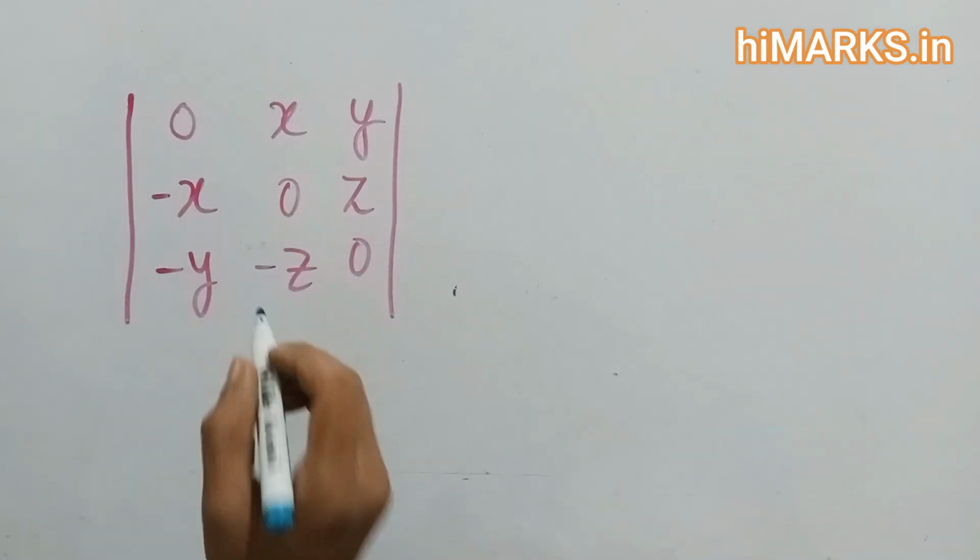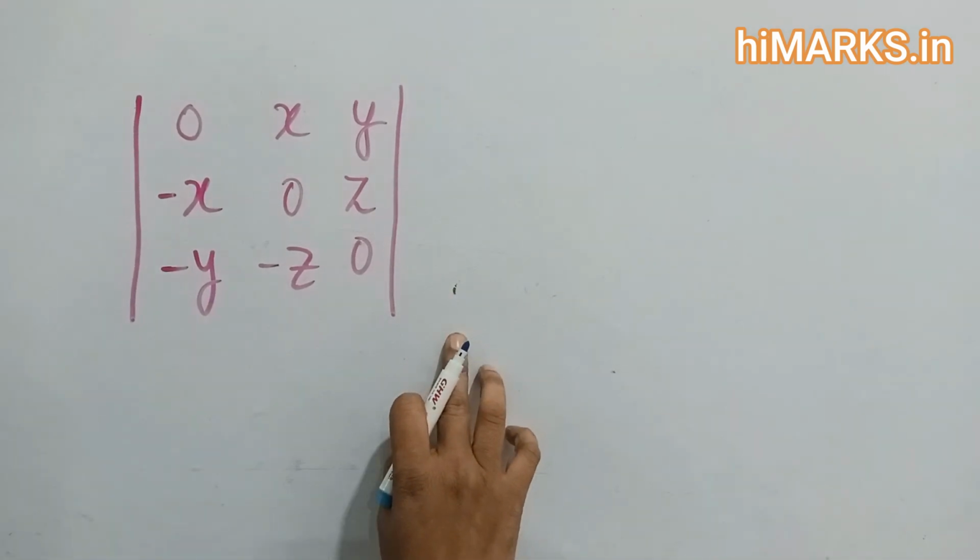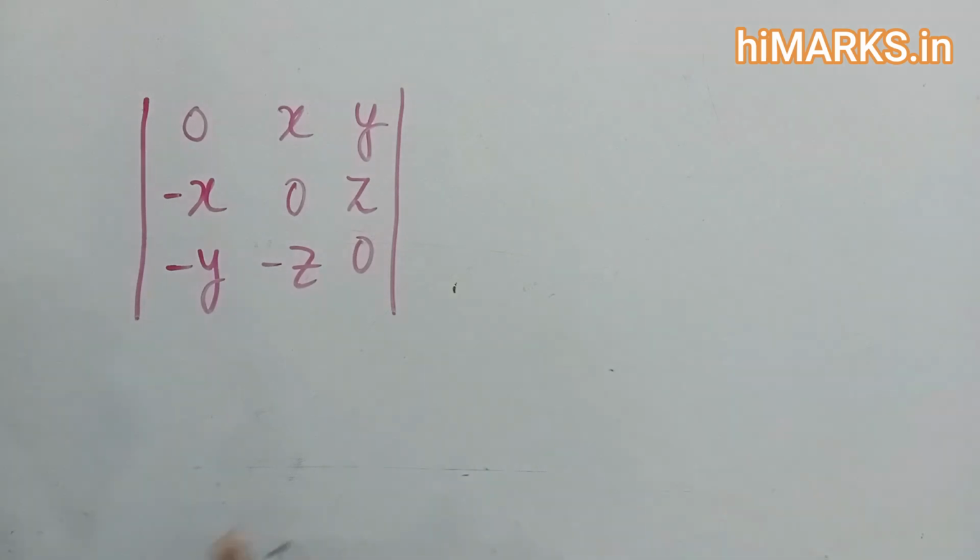So this is the matrix given. We have to show without expanding that the value of this matrix is equal to 0. If you observe very carefully, this matrix is a little different.